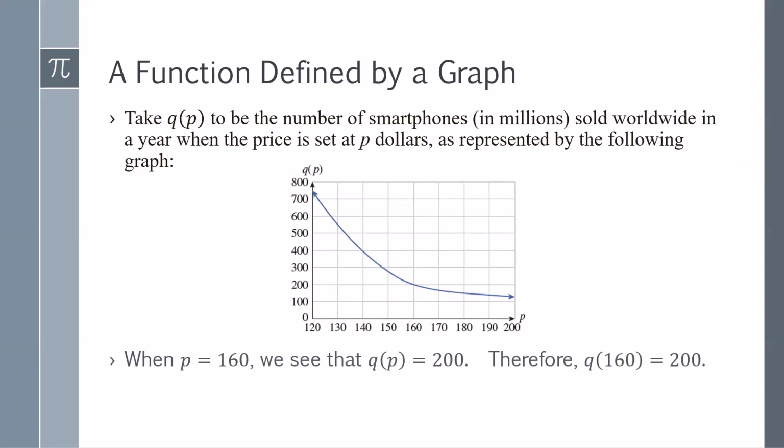Here's a function defined by a graph. This graph is quantity as a function of price. Q is the number of smartphones in millions sold worldwide in a year when the price is P dollars.